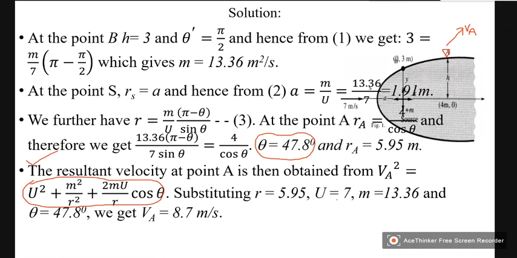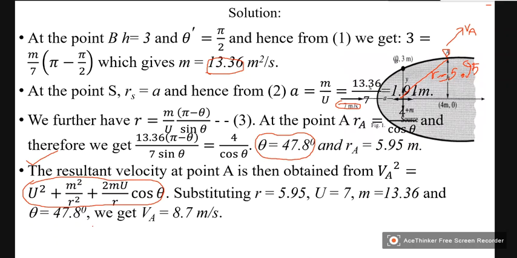So substitute R is equal to 5.95, theta is equal to 47.8, M is equal to 13.36, and U is equal to 7.